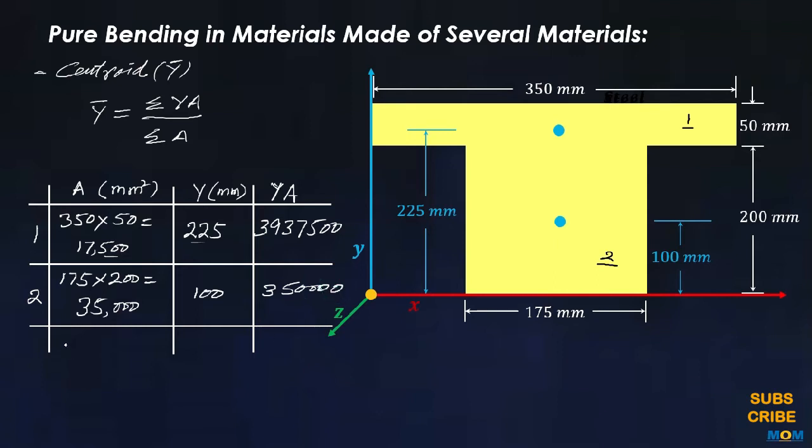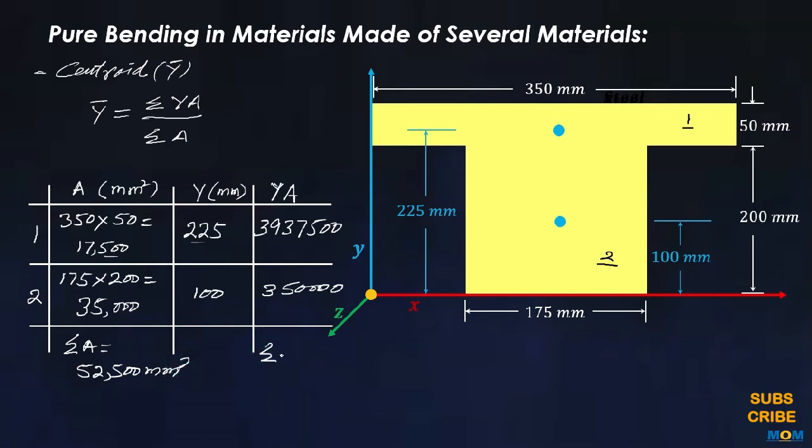Now we have to use the sum of areas, which is the sum of these two, and it comes out to be 52,500 millimeter square.